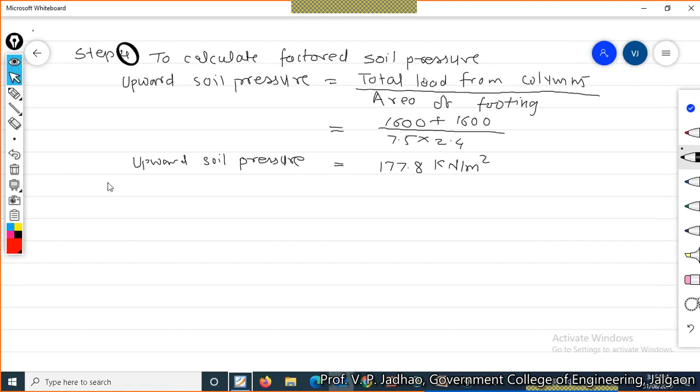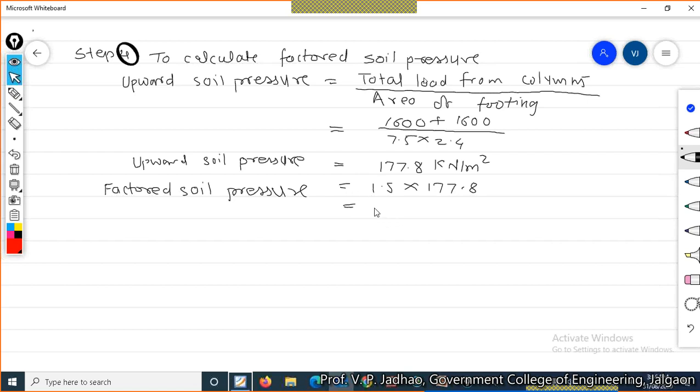Now we have to consider this as factored soil pressure. So multiply it with the factor of safety. Therefore, we get the factored soil pressure equal to 1.5 multiplied by 177.8. Okay, so this is how we will be getting the factored soil pressure.